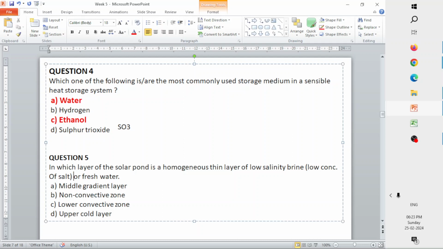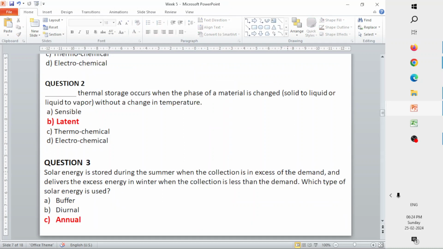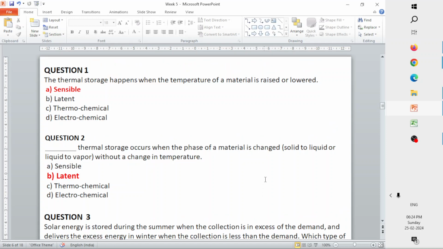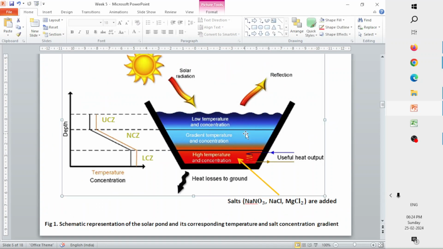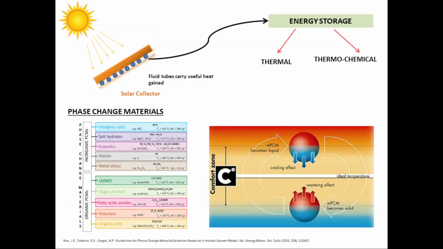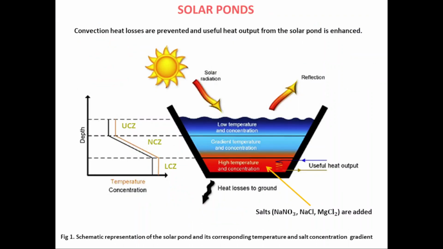So what are the options? You have middle gradient layer, non-convective zone, lower convective zone, and upper cold layer. Let me show the picture so that we can easily come to the answer. So this is the picture. You have your low temperature, gradient temperature, high temperature.